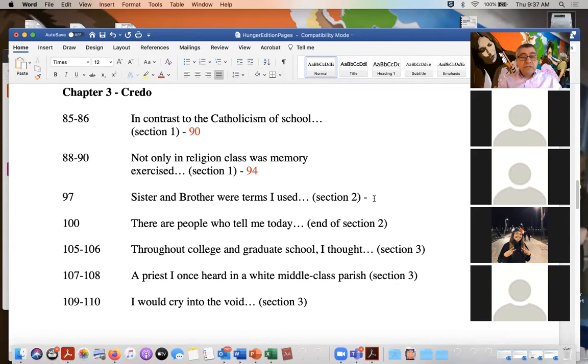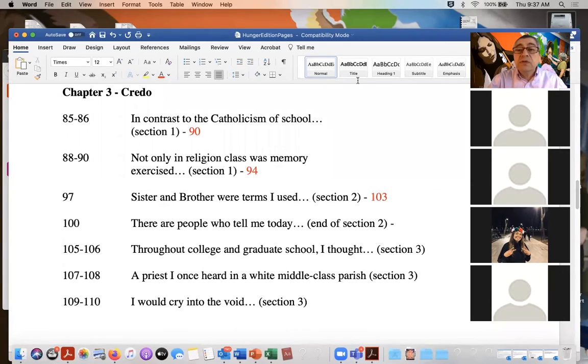Let's go to the next pages. For section 2, the sister and brother, I have page 103. Mine is the same, 103. For me, page 100 is the very last page of the second section.